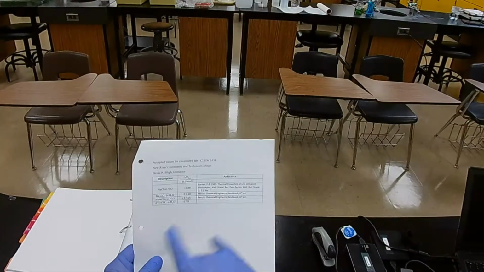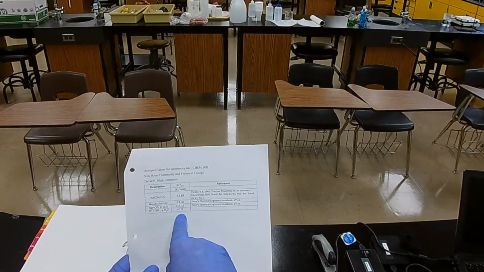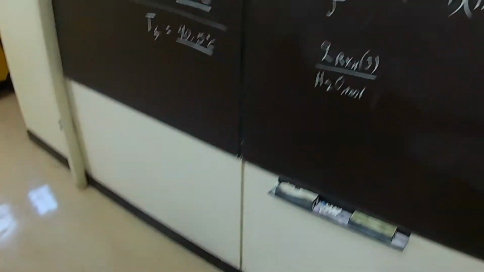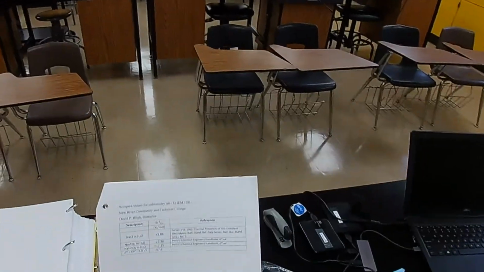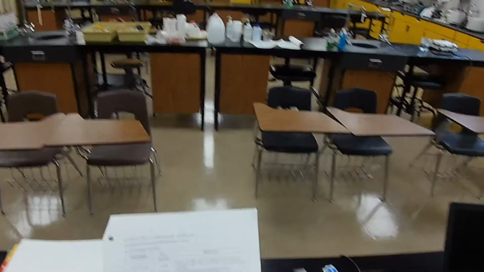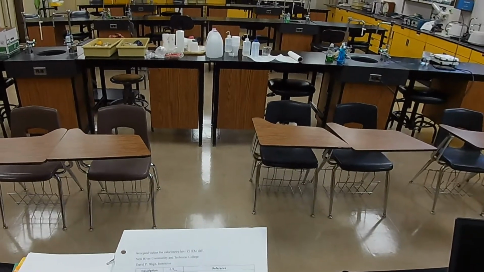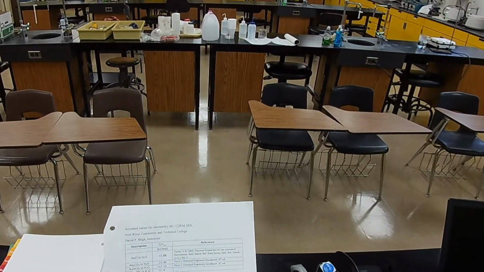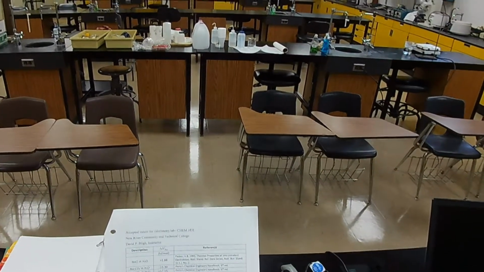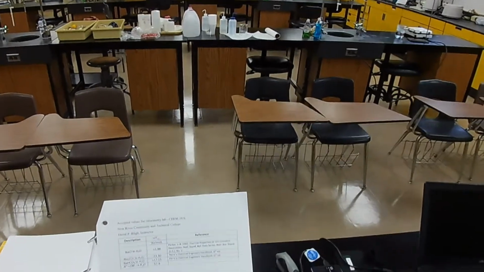Here we go. So there's the accepted value of 57. Actually, that should come out a negative number since it's exothermic. So this is the number of kilojoules per mole for the acid-base reaction. Okay? So that's what you compare it to.